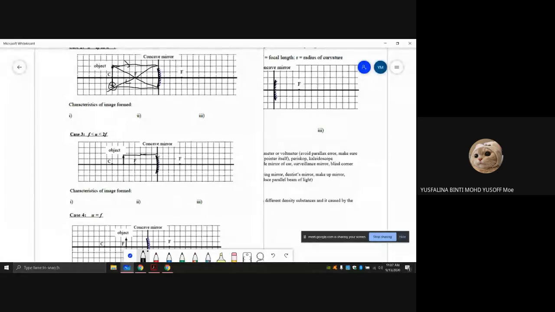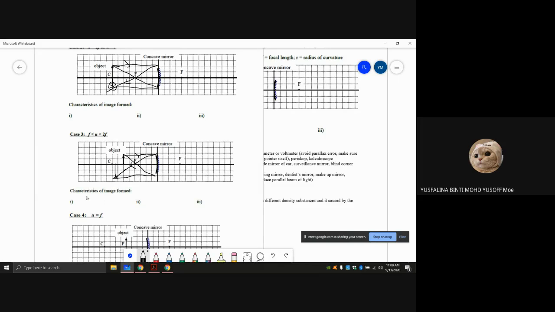And then the next one is from the arrow there, then go down. You don't have to make it longer. So the image will be here.